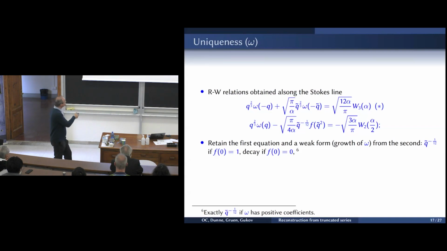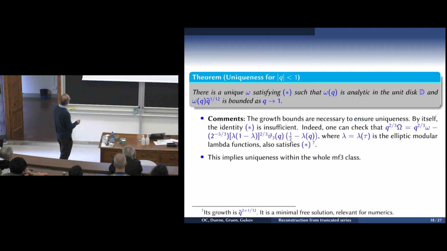Bear in mind that this relation has been gotten just from a transseries decomposition on the other side. So we're not taking this from Watson. This is just from the transseries. So this relation, together with the growth condition as you approach the boundary, is sufficient to guarantee uniqueness.